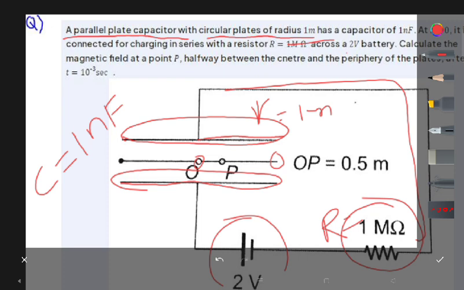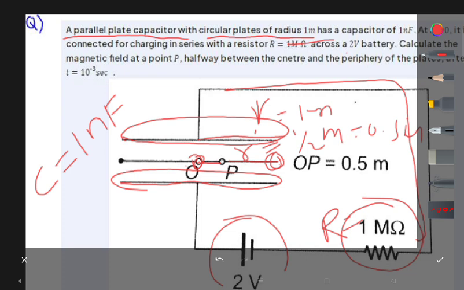So in between these two there is a point P. From the center, it is at a distance r dash equal to 1 by 2 meter, or 0.5 meters.